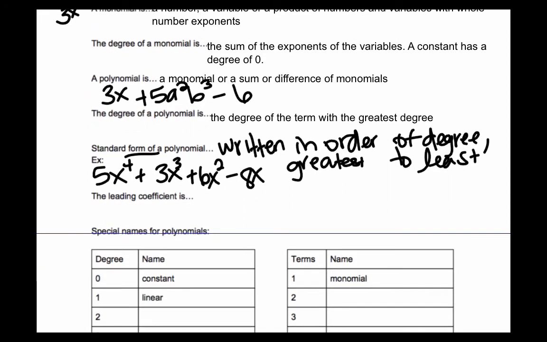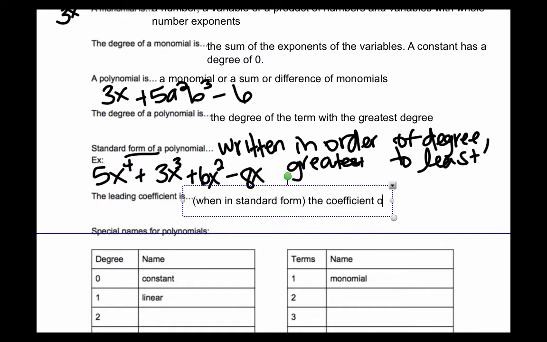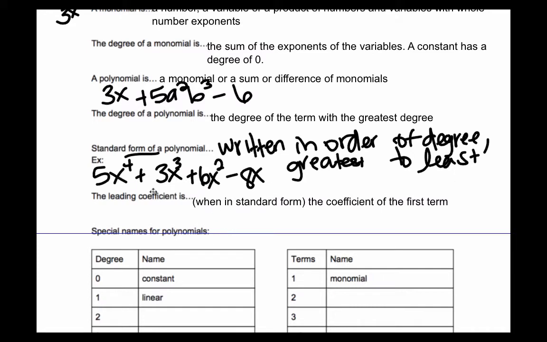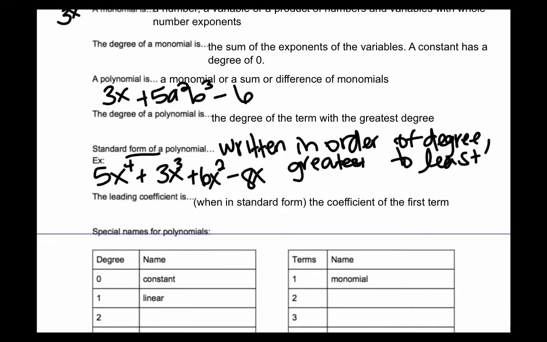The leading coefficient is the coefficient of the first term, when it's in standard form. So what's the leading coefficient here? 5. The leading coefficient would be 5.